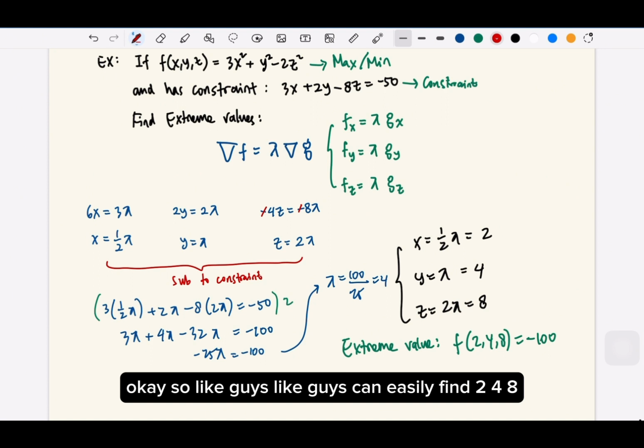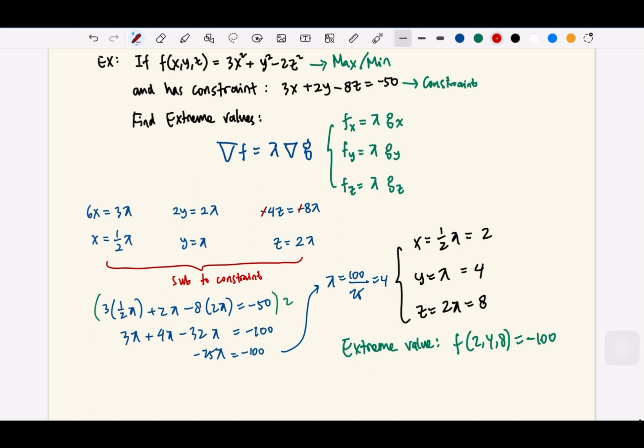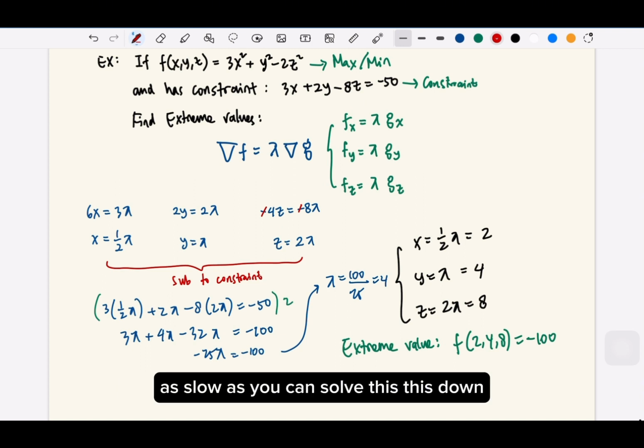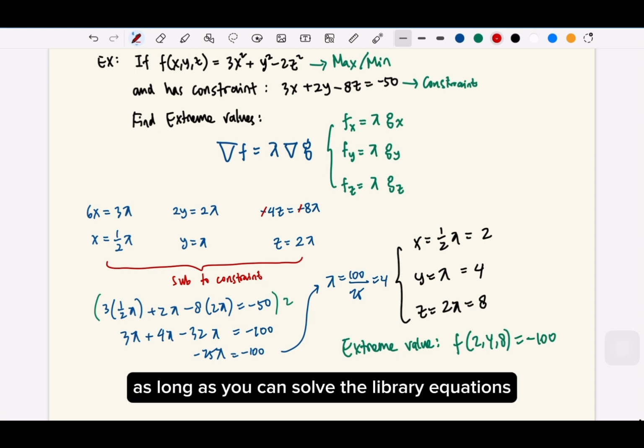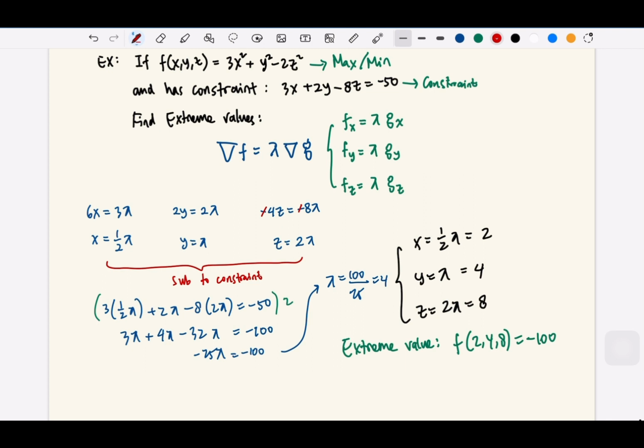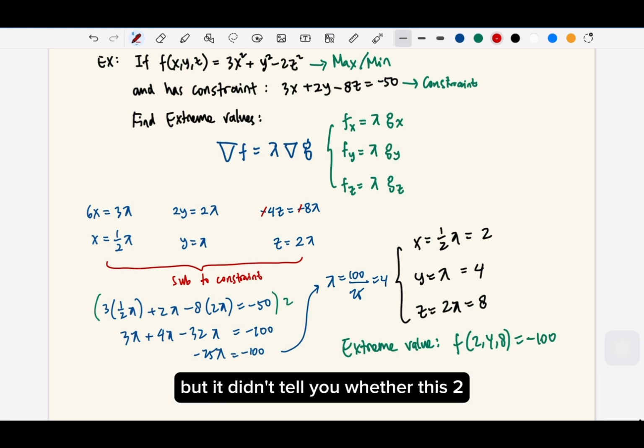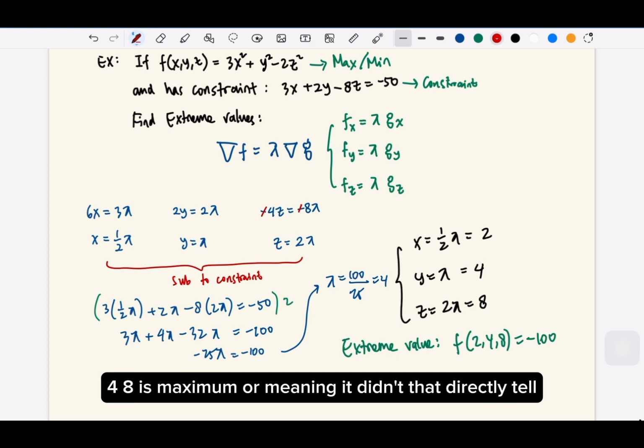So Lagrange can easily find (2, 4, 8). As long as you can solve this del, you can solve and then find the values for x, y, z. You will be able to find it, as long as you can solve the Lagrange equations. But it didn't tell you whether this (2, 4, 8) is a maximum or minimum.